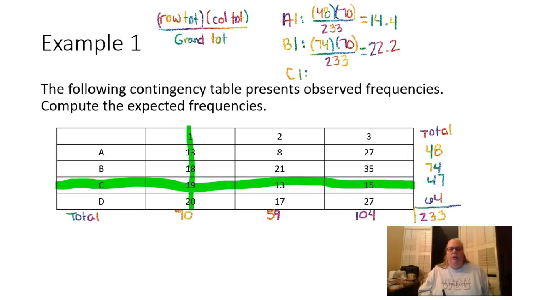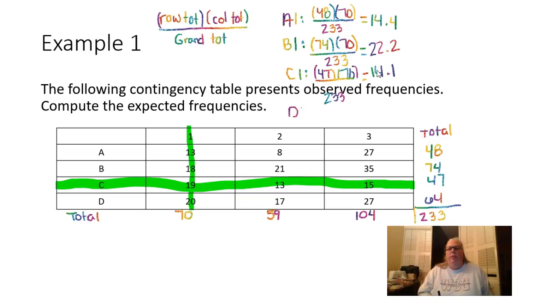Column 1, 70 is the column total. 47 times 70, and this will be divided by 233. And we'll put that in the calculator and round it off to 1 decimal place. And that looks like it's giving me 14.1.